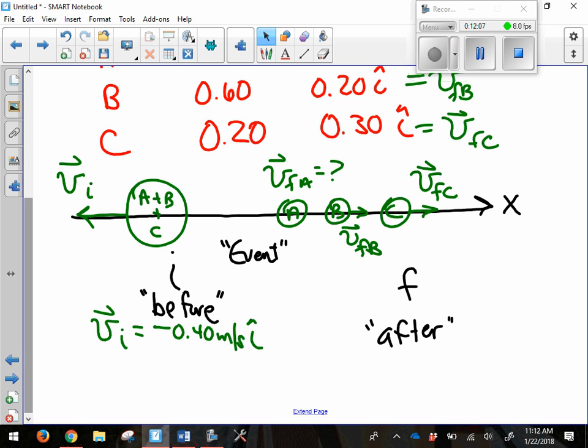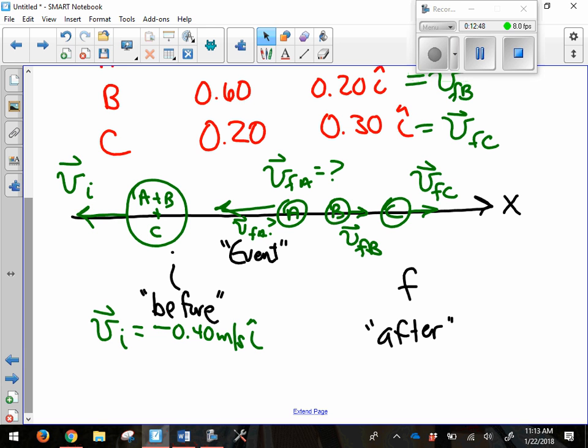So B and C are going to have positive momenta. So what direction does the velocity of mass A have to be in? Negative. And it's probably got to be pretty big, because not only does it have to compensate for the positive momenta of B and C, it still has to make up whatever that initial momentum is. So we could make a guess and say that VFA is going to be that way. A prediction, something that makes sense based on the stuff that we know.